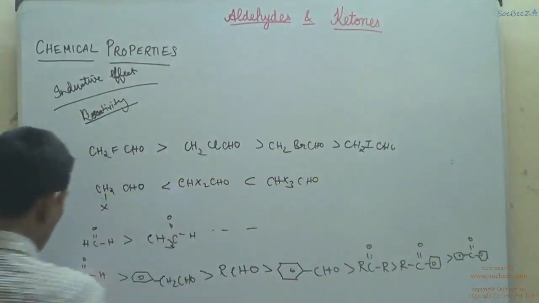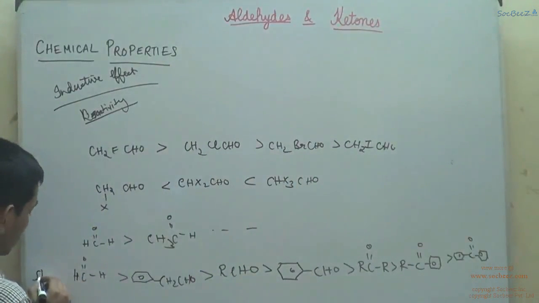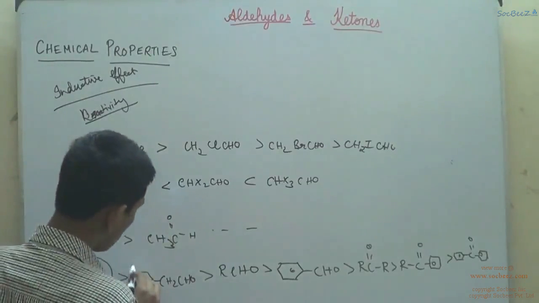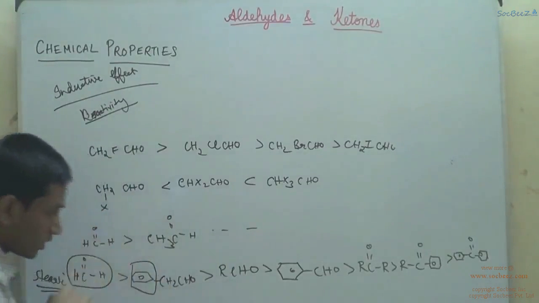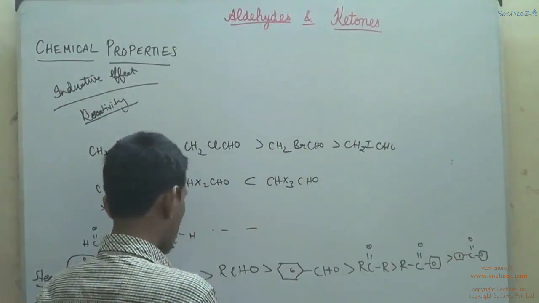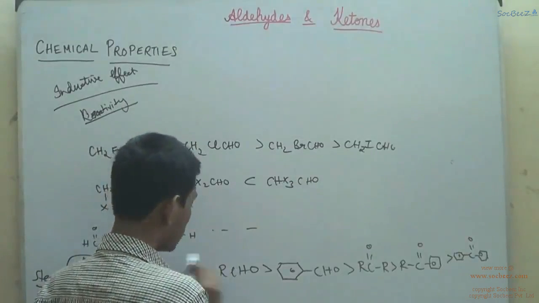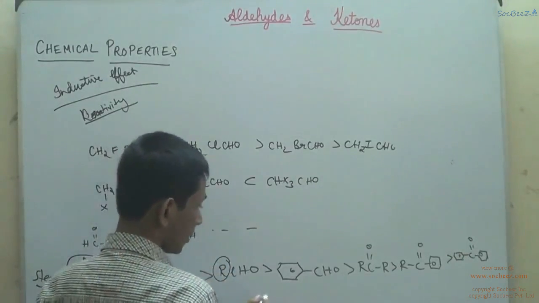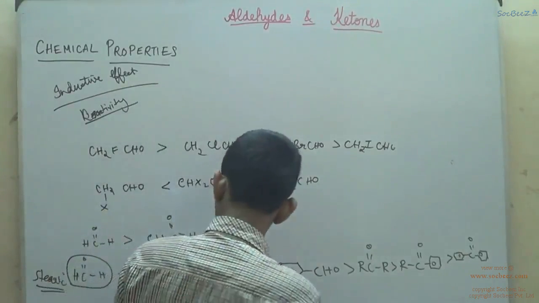Okay, what happens here? This is an example of steric effects. Here, this is more reactive. Here, this is a plus I group, so it increases the electron density. Normally it's seen that this increases more than this.